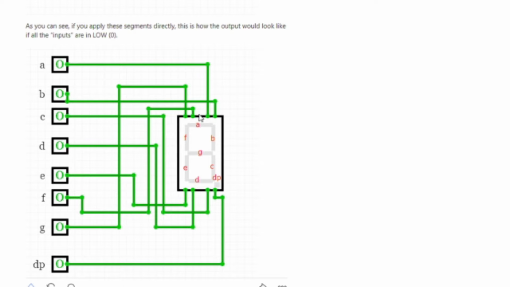Each of these nodes is connected to a certain switch. We'll just put a label on each segment or LED, and these nodes are wired to these switches.